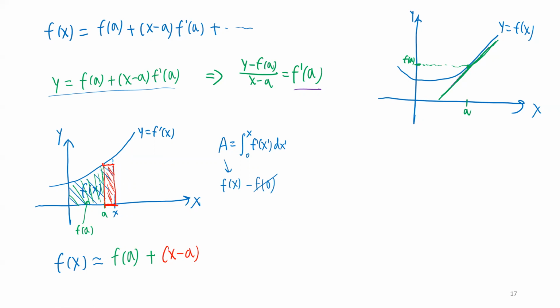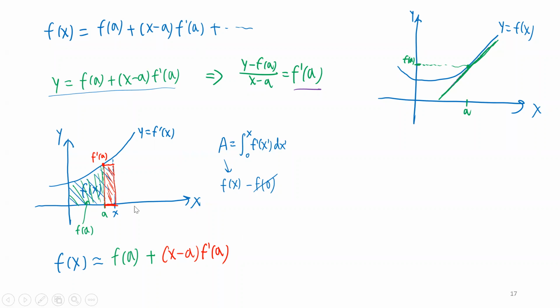I'm just taking this point as the height, so this height is f prime A. So all I'm saying here is that the blue region area is equal to the green region area plus the red region area, approximately. So this is just another way to see the geometric meaning of the first two terms in your Taylor series.